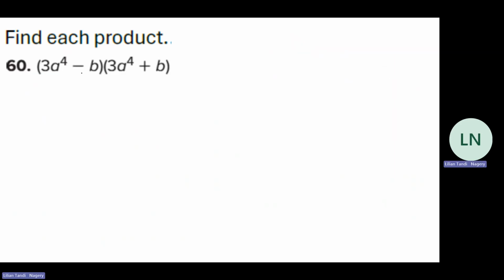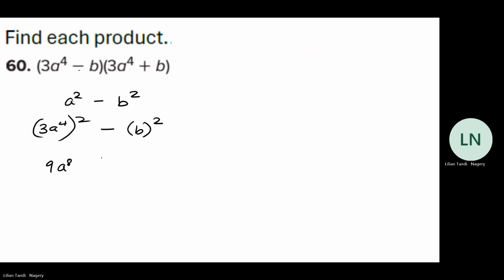Same thing here. I have a negative and a positive. My answer will be a squared minus b squared. So 3a to the fourth power squared minus b squared. So this will be 9a to the eighth power minus b squared.